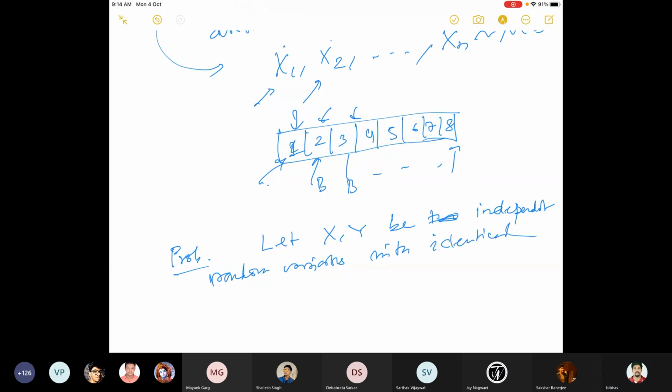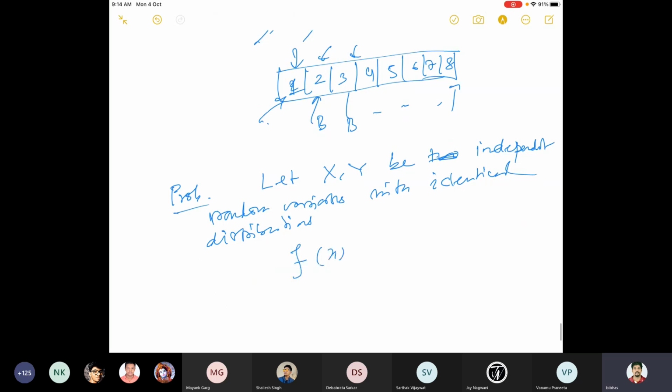Let f(x) equal e to the power minus x when x is bigger than 0, and 0 otherwise. That means f(x) is the density of capital X at small x, equal to e to the power minus x when x is bigger than 0. Similarly, f(y) is e to the power minus y when y is positive, and otherwise it is 0.